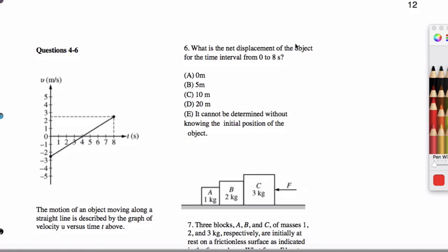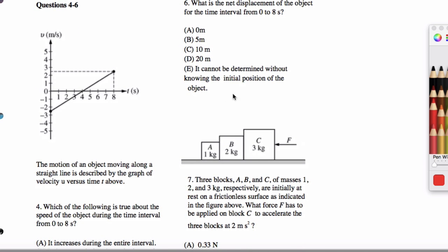All right, number 4. Oh my goodness. So we want to know what's happening to the speed of this object during the interval. So here it's going fast and backwards. Here it's going fast and forwards. And here it's stopped because the instantaneous velocity, we read it off the graph as 0.